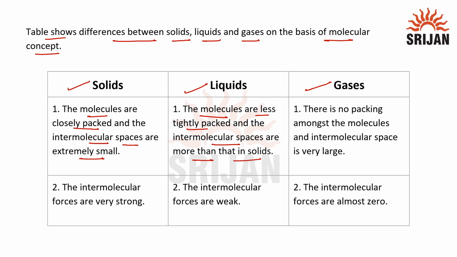Next, we have gases. In gases, there is no packing amongst the molecules and intermolecular space is very large. Next, the intermolecular forces are very strong in solids, but in the case of liquids, the intermolecular forces are weak, and in the case of gases, the intermolecular forces are almost zero.